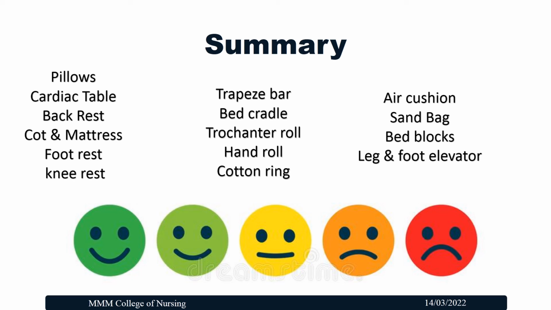In the hospital, our patients get admitted with different kinds of illness, pain and discomfort. By using all these devices, a nurse can promote the comfort of the patient other than pharmacological remedies.